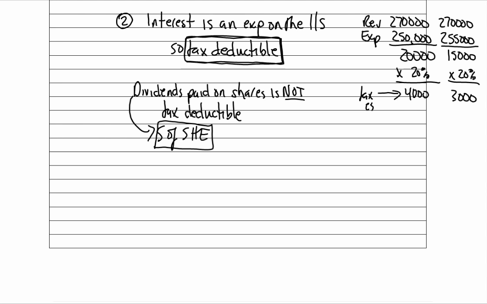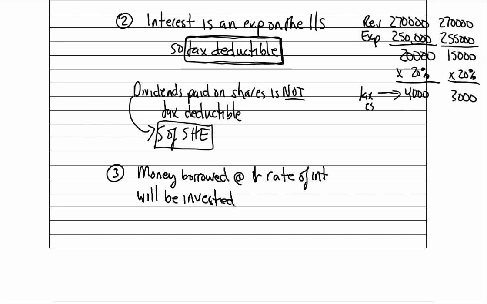Number 3. Our belief is when we borrow money at a low rate of interest, borrowed money will be invested and generate higher returns.